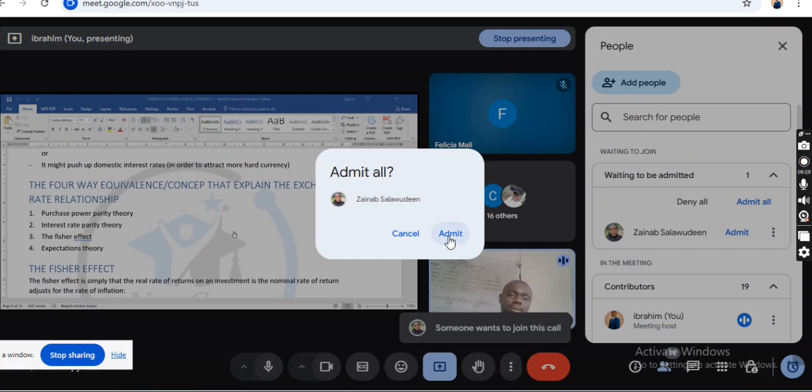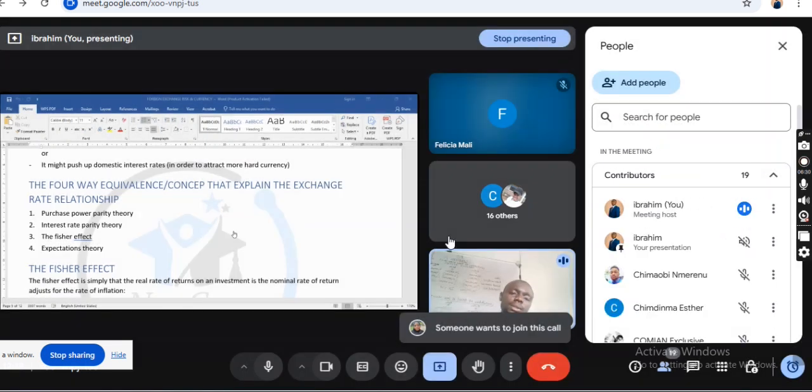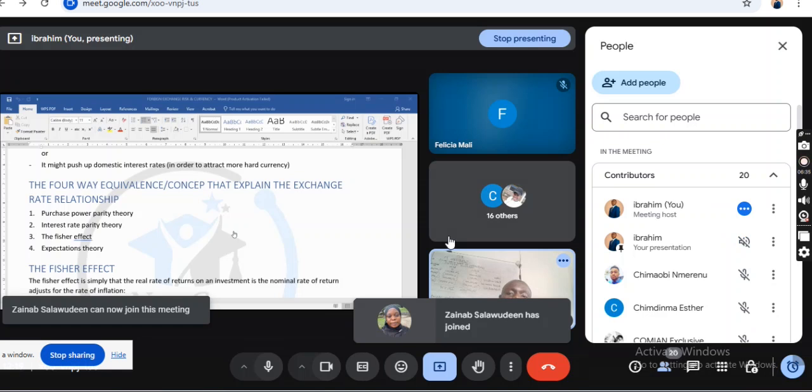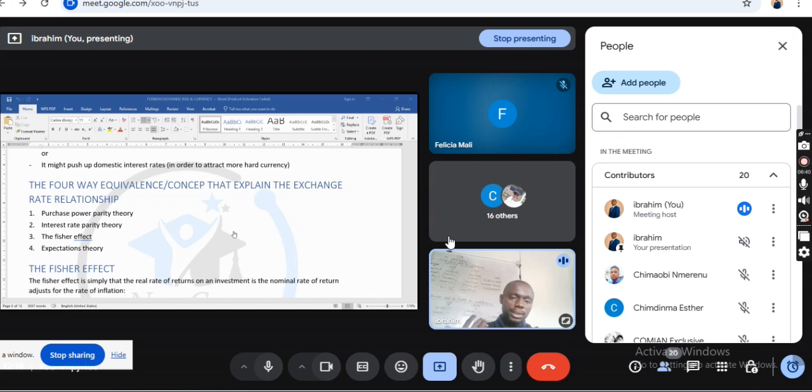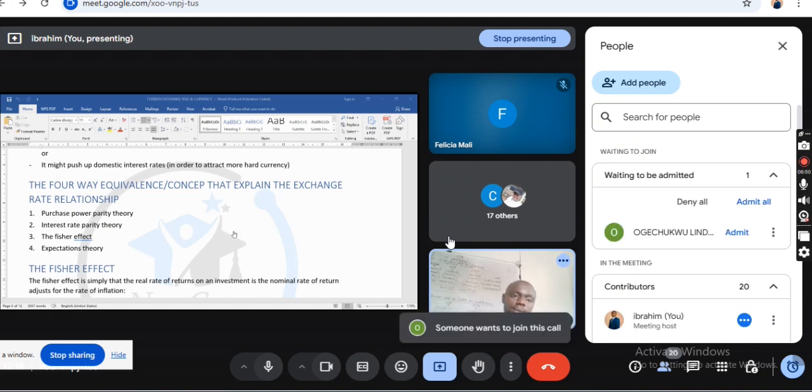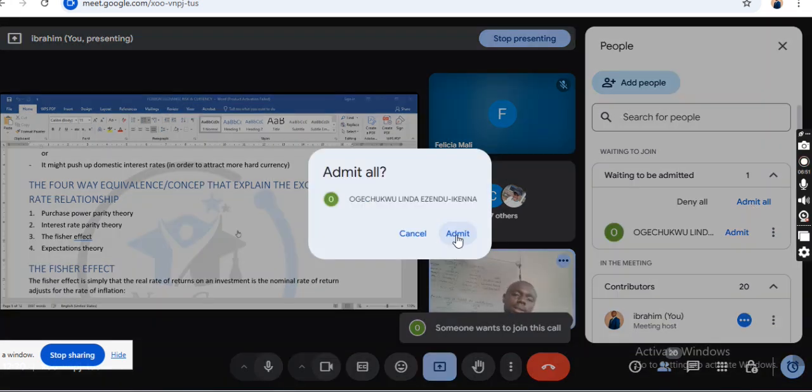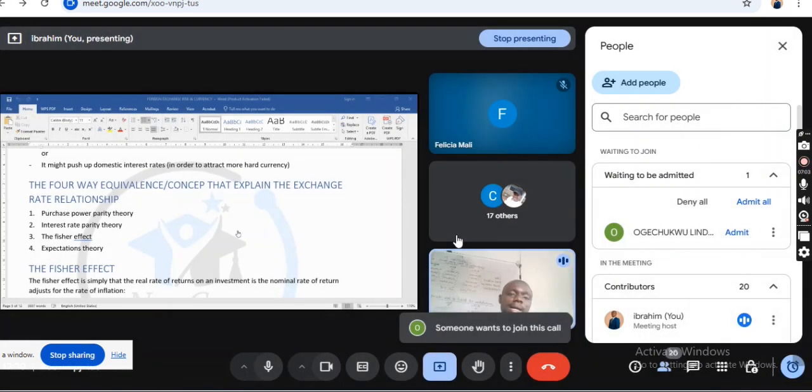Don't forget, I have equally mentioned in the notes, which I will send to the platform, that in a spot rate where there is no Nigerian currency, what will be the domestic currency? The domestic currency will be the currency that has a direct quote.